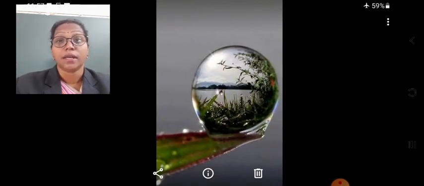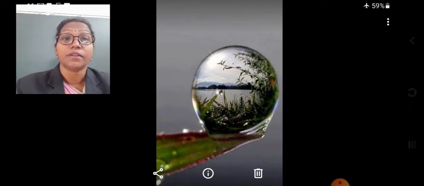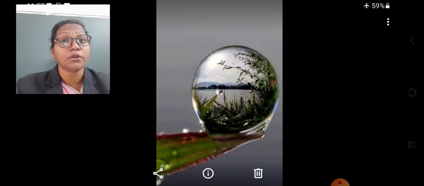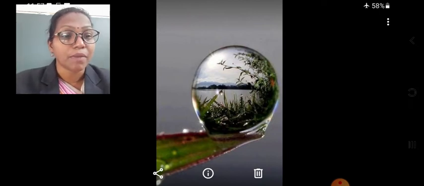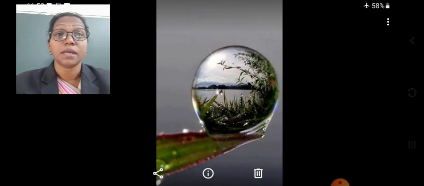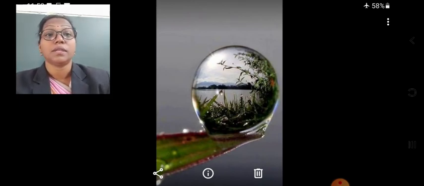Now students, refraction creates beautiful images in nature. The dewdrops or raindrops that remain at the tips of grass and leaves, if we look at them closely, we can see the refracted light rays create beautiful inverted and real images, magnified images, sometimes small images according to the size of the drop and also the nature of it.